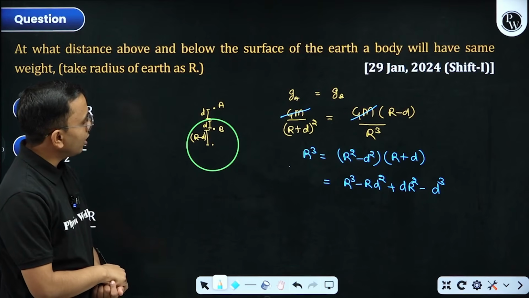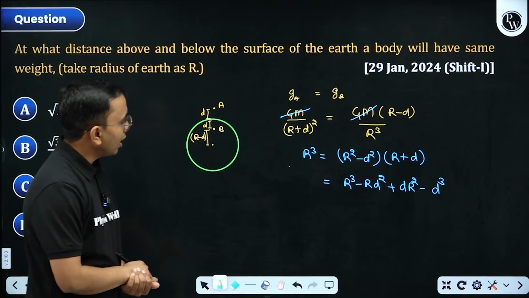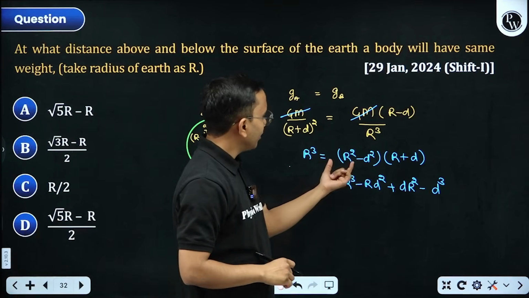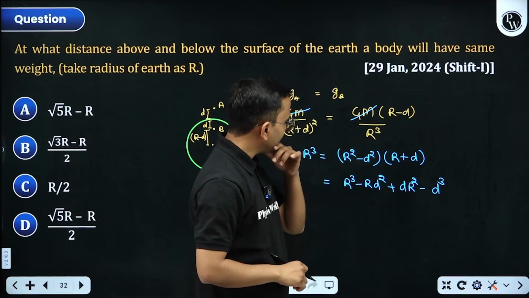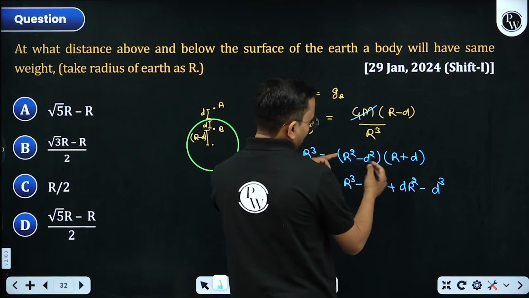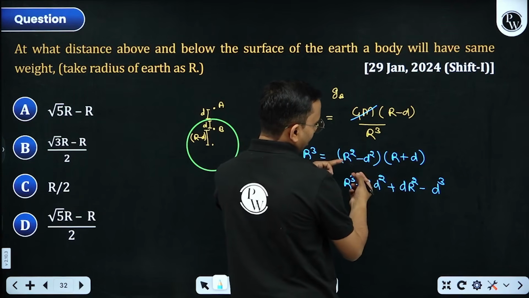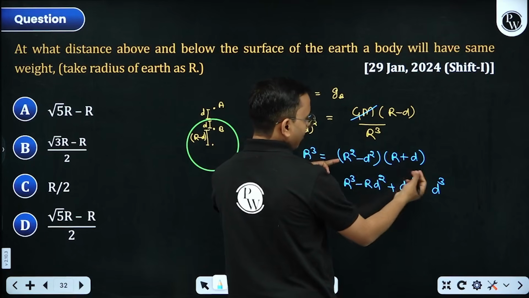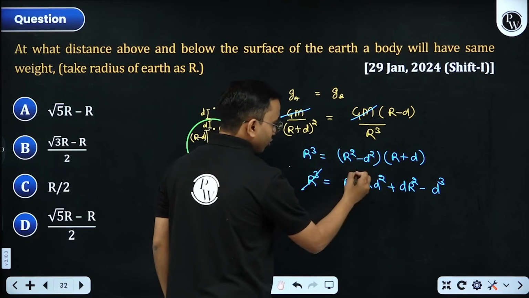Oh, I made a mistake, I think. Okay, I'm multiplying first r. So r cube minus r d square, then r square d, and then minus d cube. Perfect. This r cube is getting cancelled.